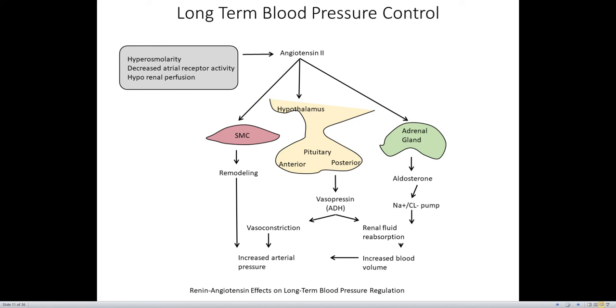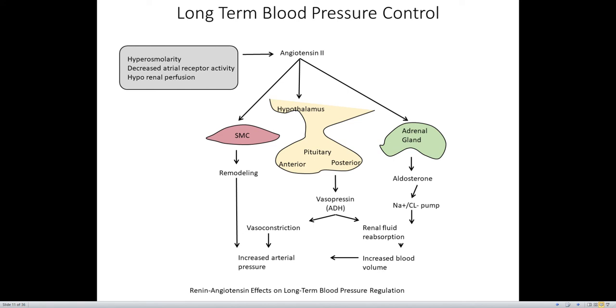Now, angiotensin 2 also goes to the adrenal gland, and it increases the release of aldosterone. And this increase in aldosterone will increase the sodium chloride pump function in the kidneys. This is also going to increase renal fluid reabsorption, increasing blood circulating volume, and increase arterial pressure.